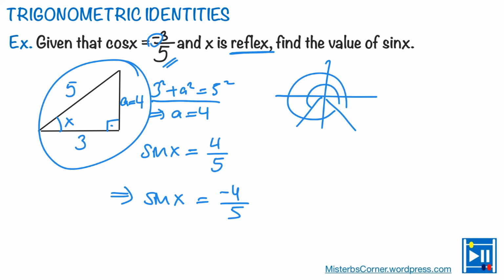So it looks shorter, and yes, you use the idea of the angle given being reflex, or in other cases obtuse, whatever, and then you just decide the sign of the value of sine x. So you can use whichever approach you'd like while solving such questions.